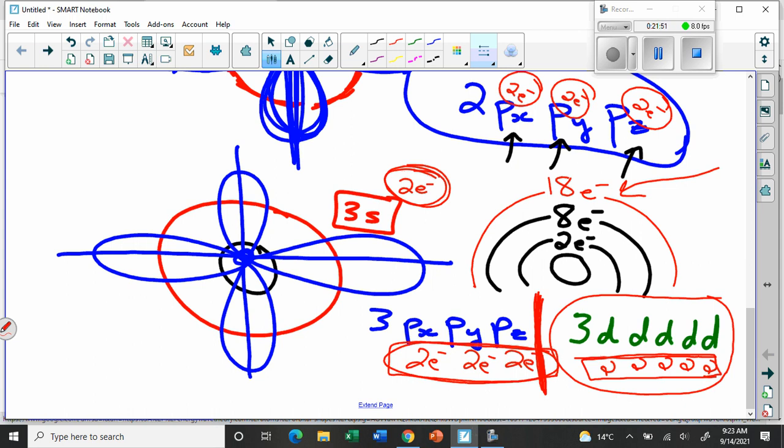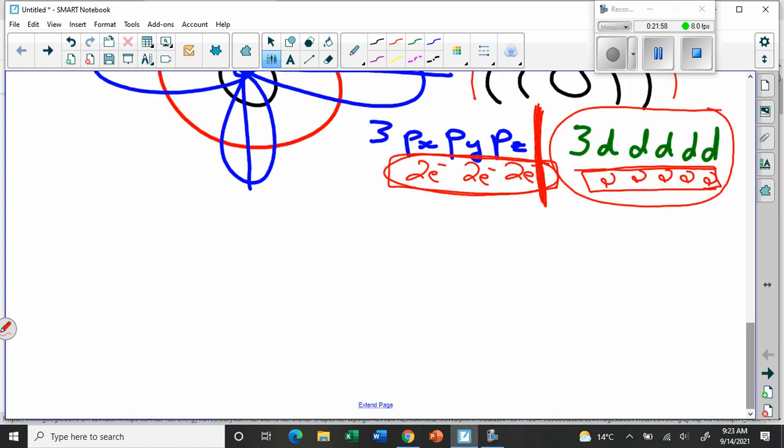Now, there's another level. When we get further down, if we go to the next level, right, it gets more complicated still. The fourth level has a 4s shell, just like the first level. It also has p's, just like the second level.